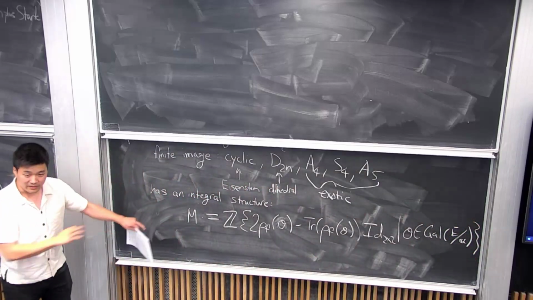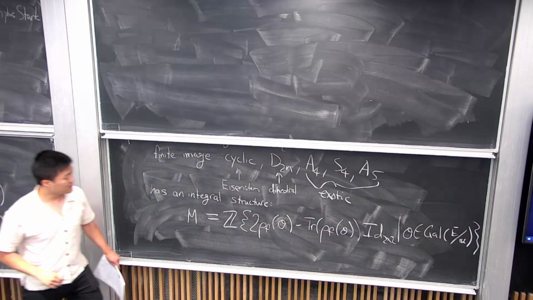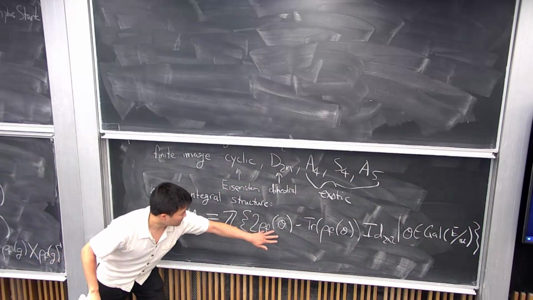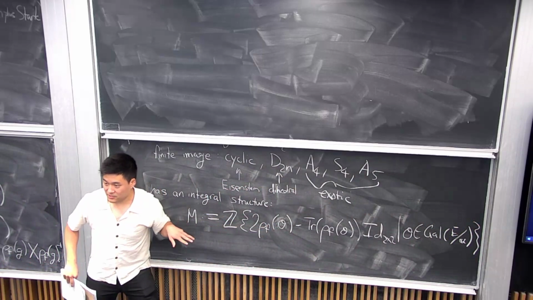Okay, so this is my integral structure in the representation. I'm viewing this as a 2 by 2 trace-free matrix.